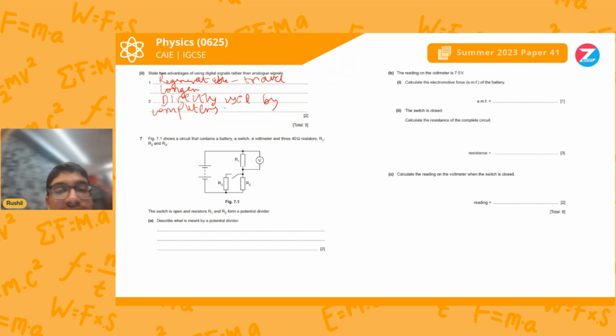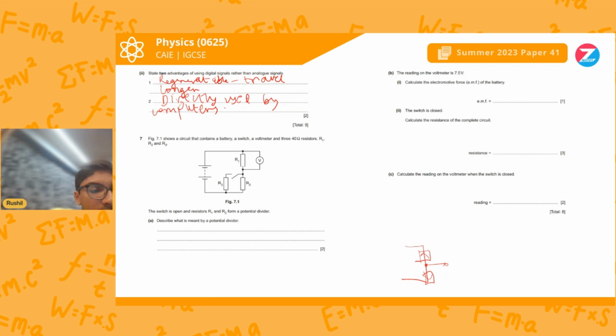Number 7 shows a circuit that contains a battery, a switch, a voltmeter, and two 40 ohm resistors. The switch is open, and resistors R1 and R2 form a potential divider. Describe what is meant by a potential divider. Now, a potential divider basically divides the voltage of a circuit into two components, typically two resistors.